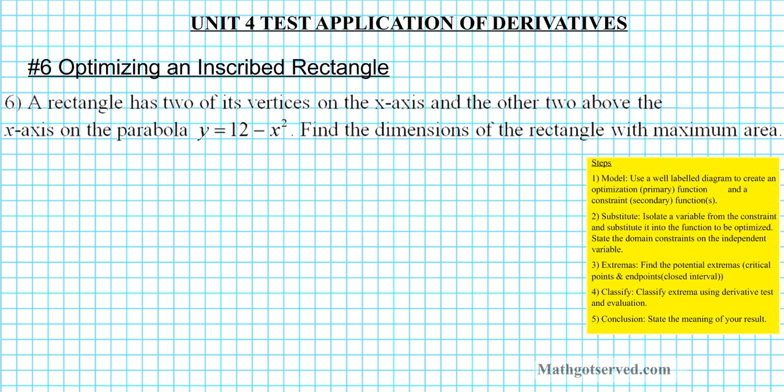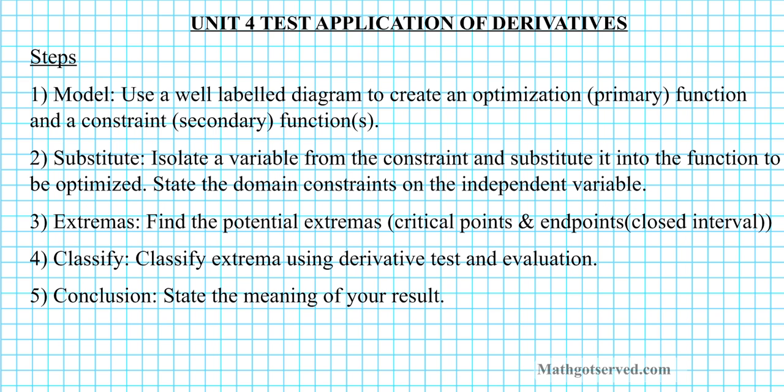Before we get started, let's go over the steps for solving optimization problems, okay? So step number 1, you want to model the situation by using a well-labeled diagram. You can then use your diagram to create a primary function and a constraint function or functions. And then step number 2, you want to substitute the constraint function into the optimization function, and then you will state your domain on the constraint on the independent variable.